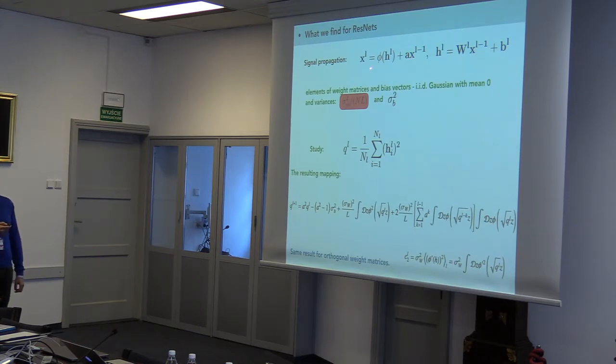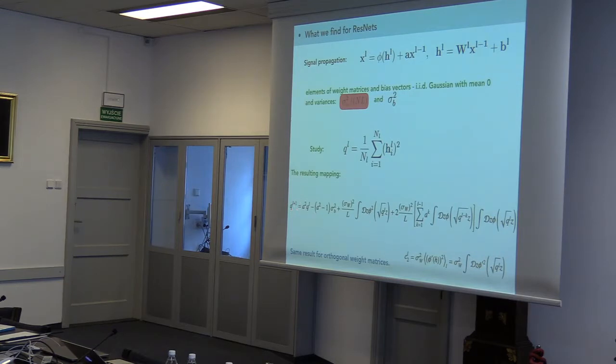And just by using this recursive formula and the central limit theorem, we can quite easily derive the recursive mapping of how this Q_L changes.